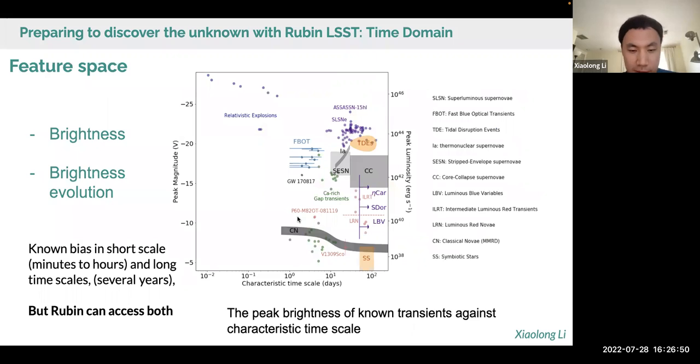This plot shows the peak brightness of known transients against characteristic time scale. From this, we notice that there are biases in the short time range and also long time scales. Short time scales are specifically minutes to hours, and long time scales are several years. But Rubin has the potential to access both those scales, so we pay attention to these time scales.